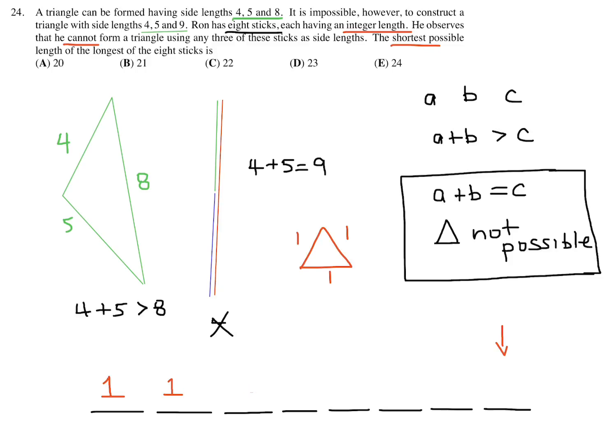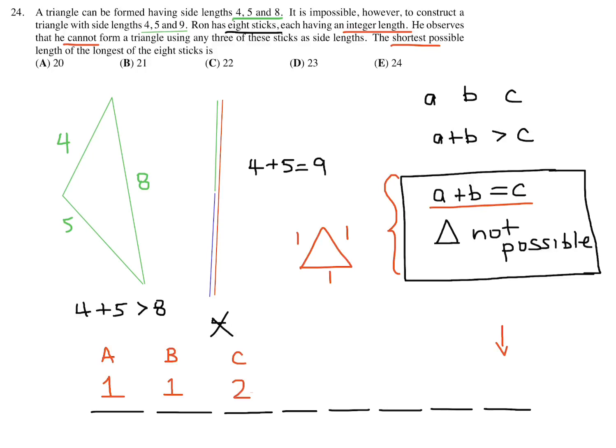How do we proceed here and have a scenario where you cannot get a triangle? Well, it's this rule right here. A plus B has to be equal to C. So if this is A and this is B, our C has to be A plus B, which is 2, right? So far in the question, if these are the sticks, side lengths 1, 1, and 2, it's impossible to make a triangle. All right? So you just continue like that.